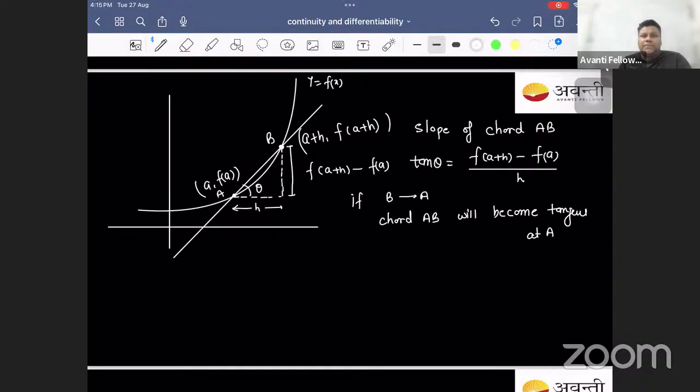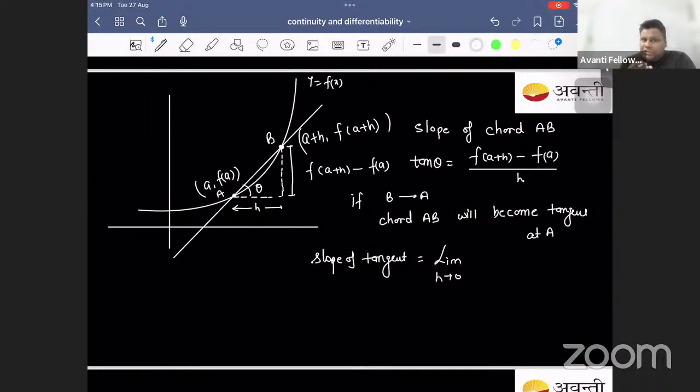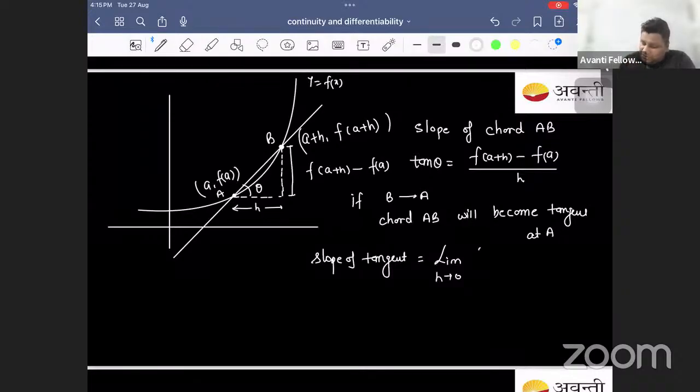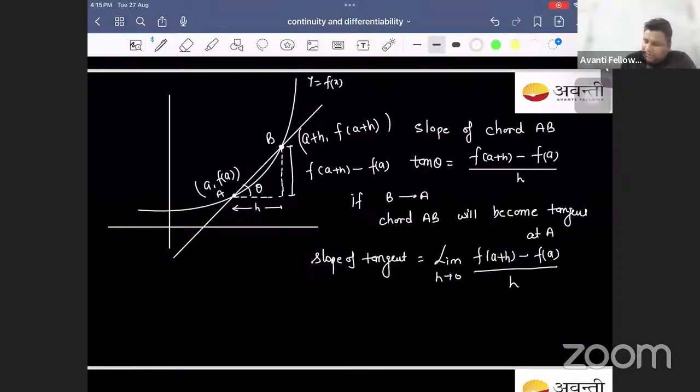So the slope of the chord will become the slope of the tangent. If B is approaching A, it means h is approaching 0. So that will be limit h approaches 0 of [f(a plus h) minus f(a)] upon h.